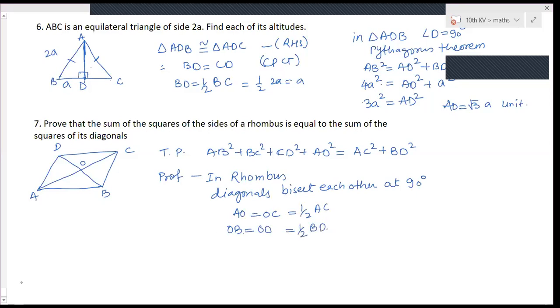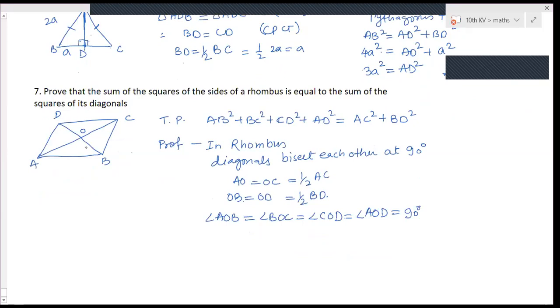Now angle AOB is equal to angle BOC is equal to angle COD is equal to angle AOD is equal to 90 degrees. So this is the given thing. First use this triangle AOB with 90 degrees here, and find the value of AB square. So apply Pythagoras theorem.